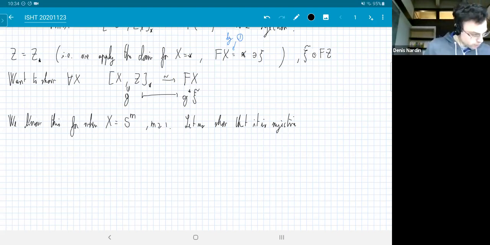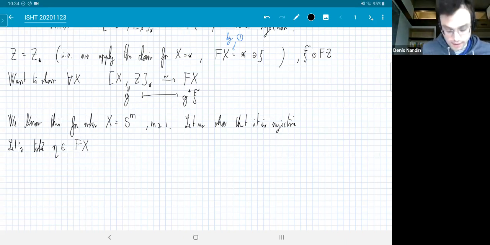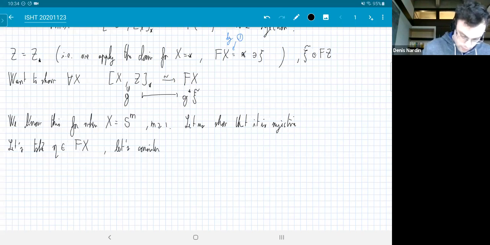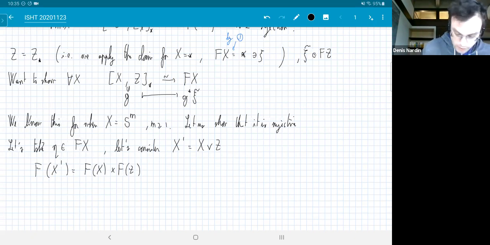So how does this work? For surjectivity, let's take some eta in f of x, and we want to show that there is a g that pulls back to that. Let's consider x prime, which is x wedge z. Then f of x prime is f of x times f of z, again by property 1.